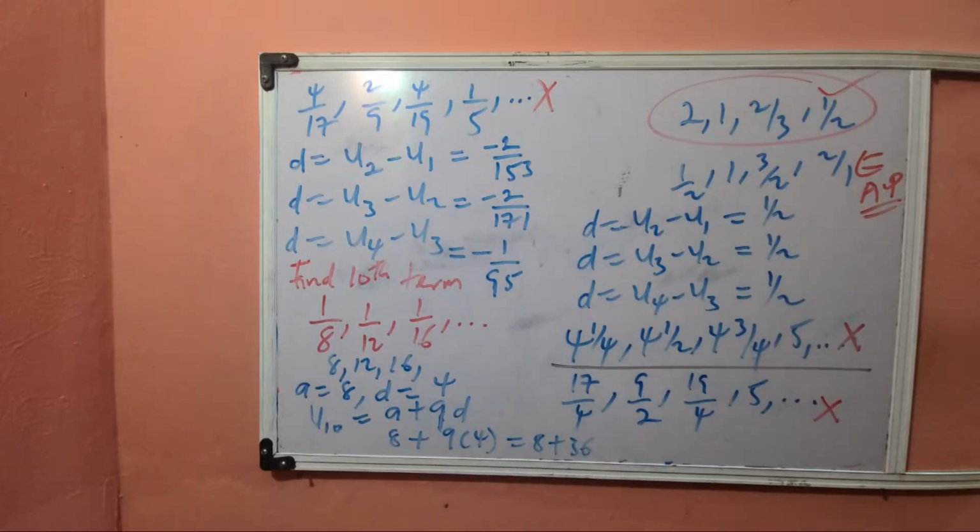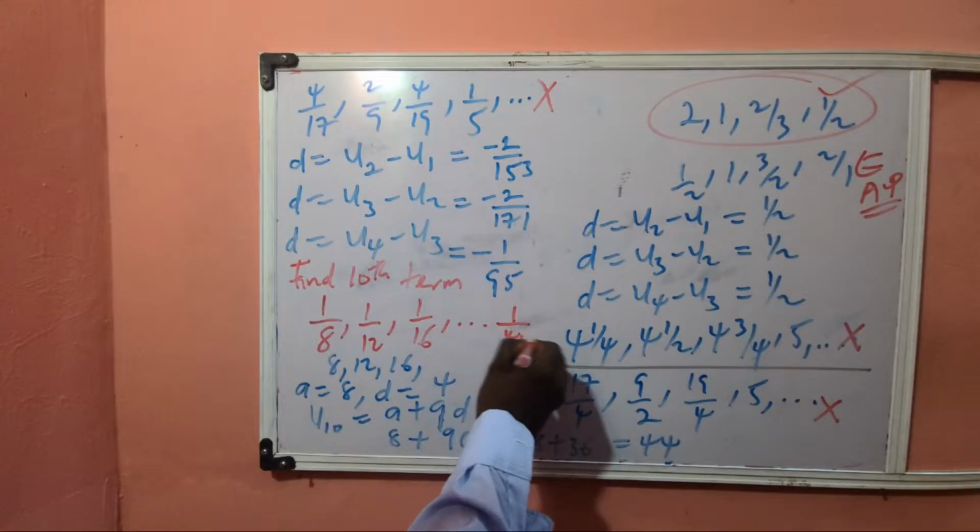That will give me my final value, which is 44. So this is my AP. My 10th term of the AP was 44. So I can go on to conclude that my 10th term will be 1 over 44.